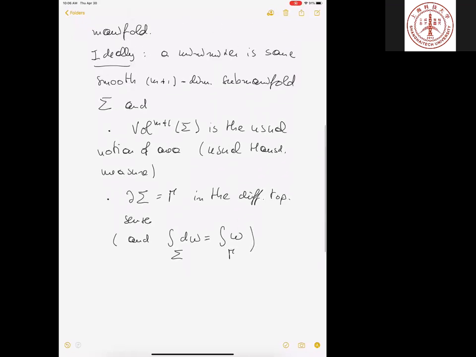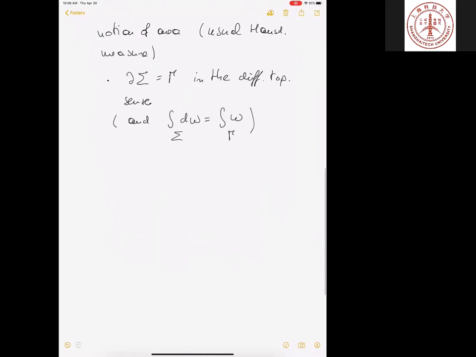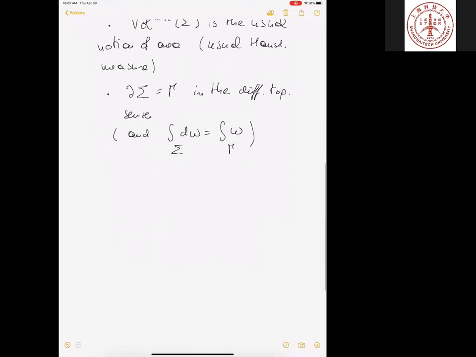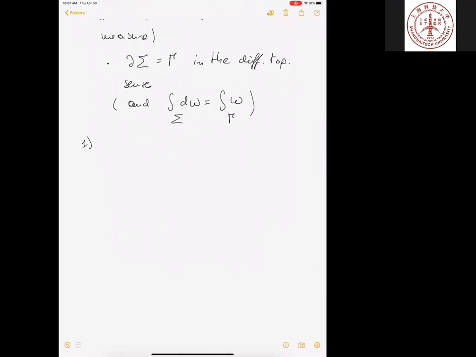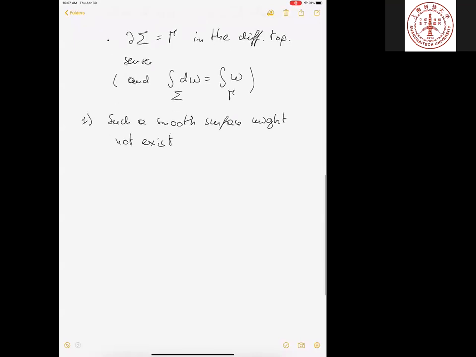Okay, so this is the ideal situation that I would like to have, but there's a drawback with this. So we're actually far from this ideal situation because of the following two questions. So first of all, such a smooth surface might not exist. Well, that's one point.